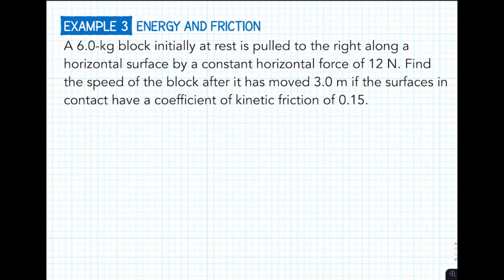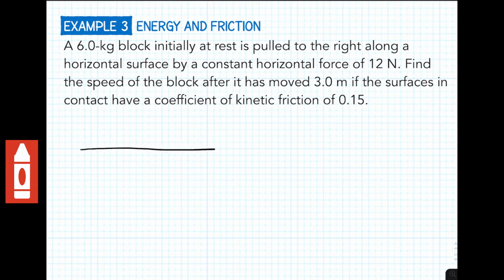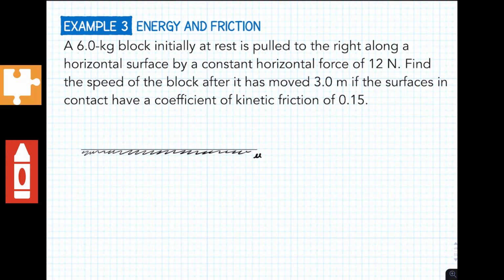So the first thing we're going to want to do here is draw a picture. So we'll start with this guy. So here's the ground. And we'll say the coefficient of kinetic friction is 0.15, so we're going to put that there.